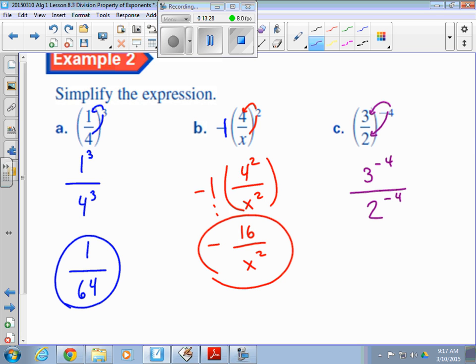Both of them are raised to the exponent. Since both of those are negative, they're both going to ride the elevator. This is going to go down, this is going to go up.